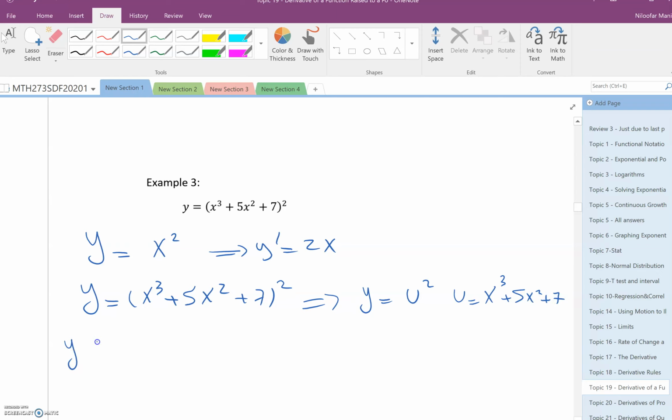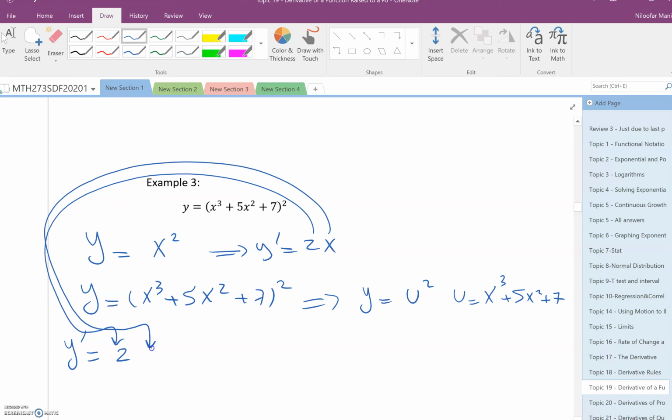So I say, okay, y prime is 2x, but instead of x I use u. So 2 times x cubed plus 5x squared plus 7, this is u. Because I did that, I have to think that instead of u squared I have x squared.